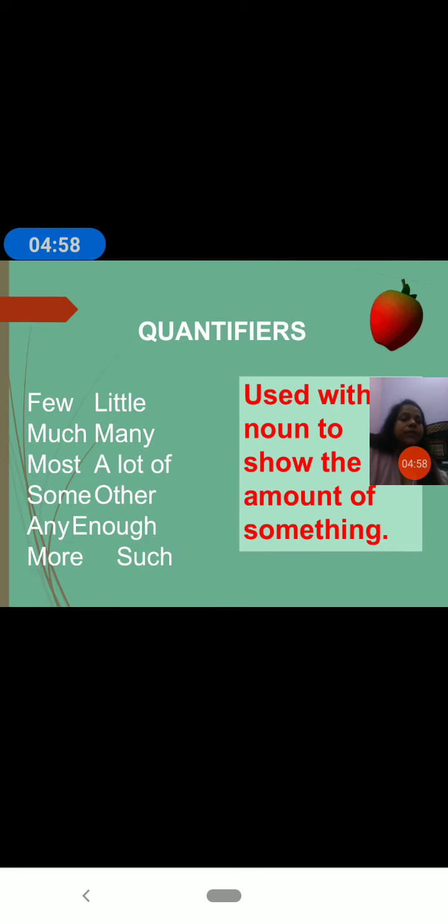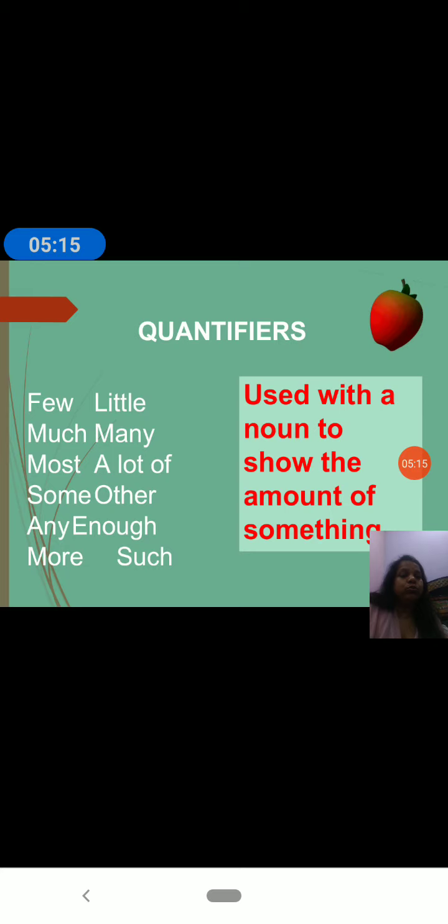Quantifiers: few, little, much, many, most, a lot of, some, other, any, enough, more, such. Used with a noun to show the amount of something, they are quantifier determiners.